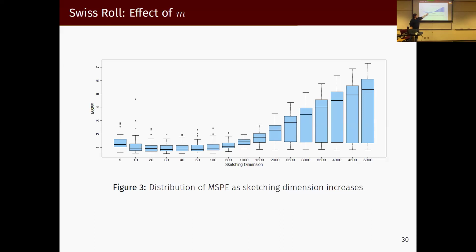As M increases, we get worse on average. I think these are too small, like these are actually breaking the rules on what M is allowed to be. But there's kind of a sweet spot where it doesn't matter that much. As long as M projects down to a small enough size, we're good to go. But what I think is really cool is that sometimes you're still able to make good predictions with Gaussian process regression, even if you're not doing any sketching at all.